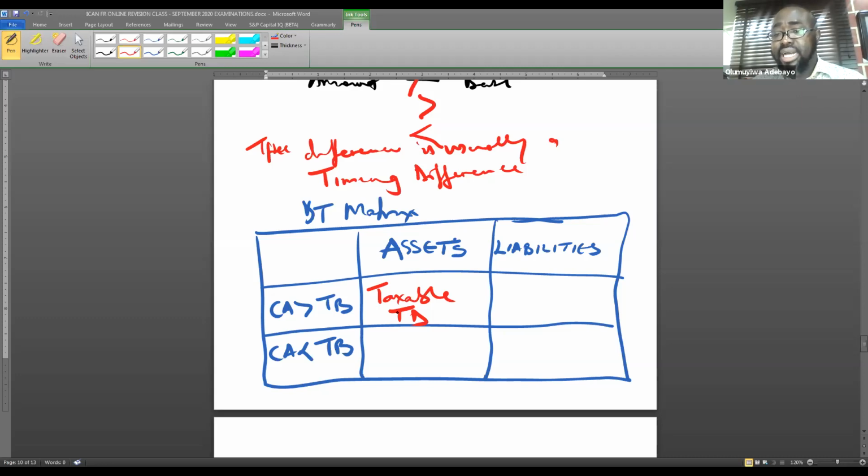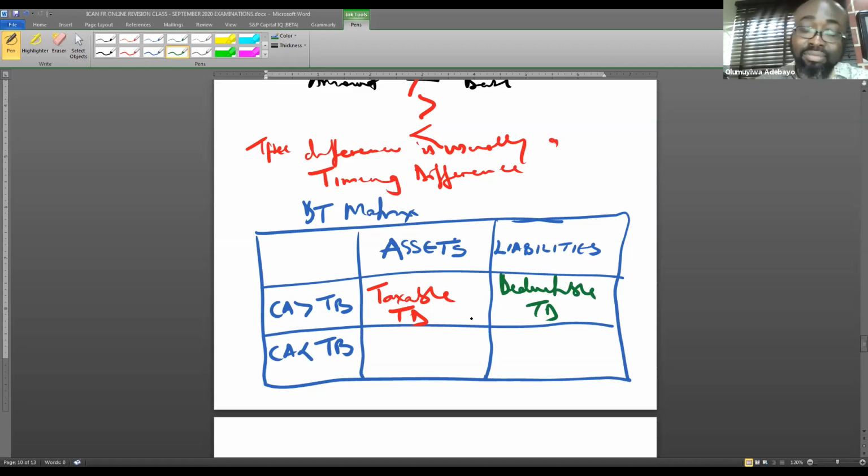The simple answer and logic is no, because assets and liabilities do not move in the same direction. They are opposite in real sense, which then means that for assets to give me a taxable position, liability will give me the opposing position, which is what? Deductible. In that case, I'll put here deductible.